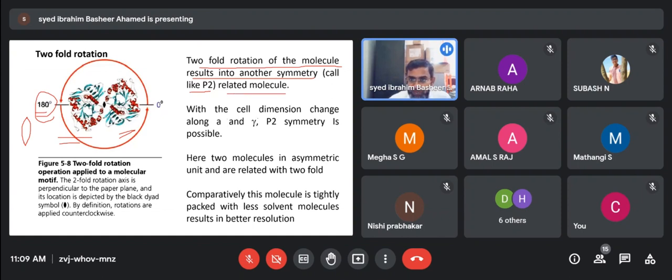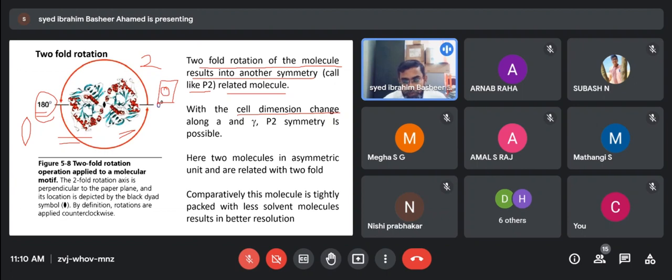With this, the cell dimension will be changing. Why? Because you are accommodating two molecules in the same unit cell. Previously we saw one molecule in one unit cell.